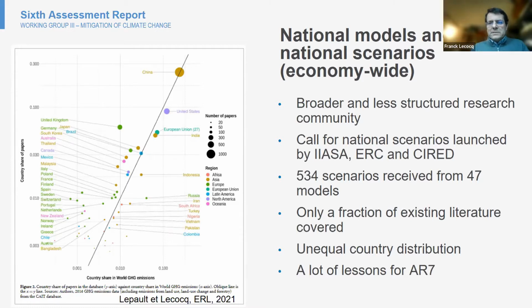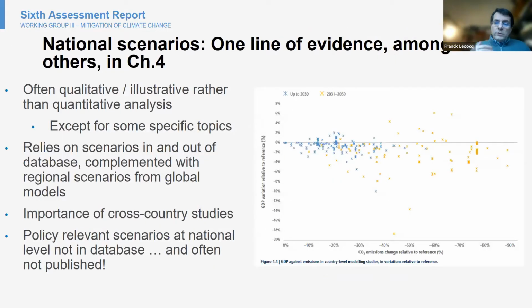But that database currently is not even representative of that distribution. Still, that effort was really worthwhile, with a lot of lessons learned, notably for the next and subsequent assessment reports. So we still use that data in the report, mostly in qualitative or illustrative ways rather than quantitative, except for some specific topics, and Volker will come back to it.